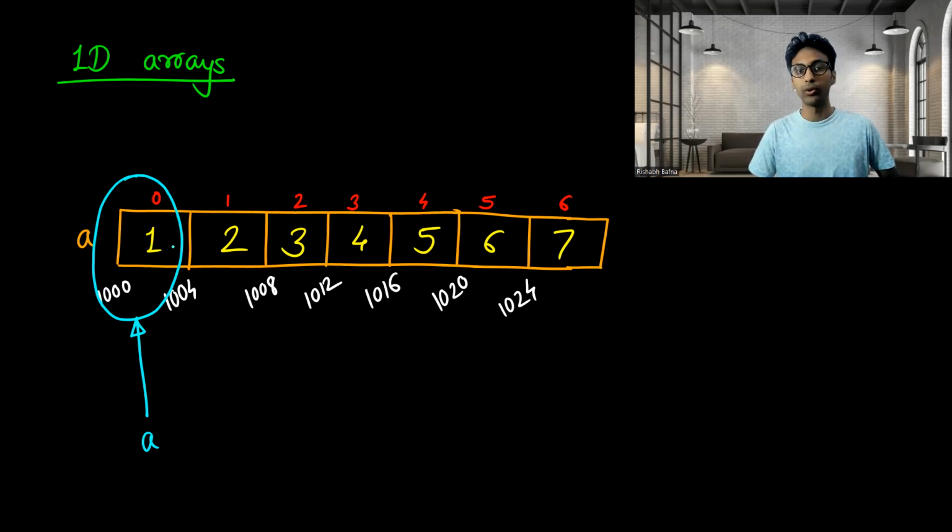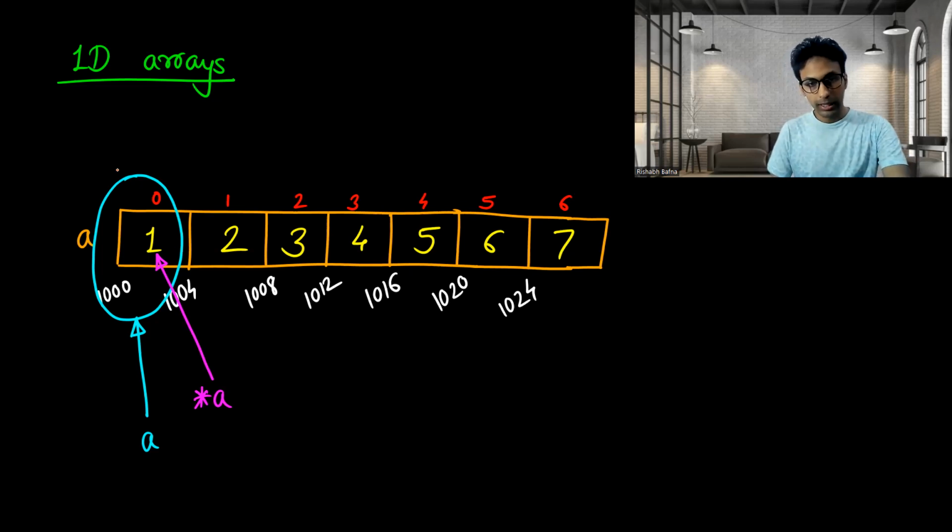Now, if you put a star, what will happen? You will point to this value 1. What is this? The value of the 0th element of the entire 1D array. So if you put an ampersand, you will go one level outside. Let me write it.